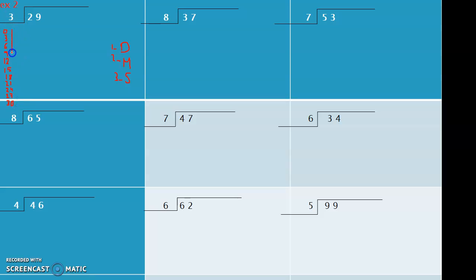On the other side, we will count starting from 0. 1, 2, 3, 4, 5, 6, 7, 8, 9, and 10.